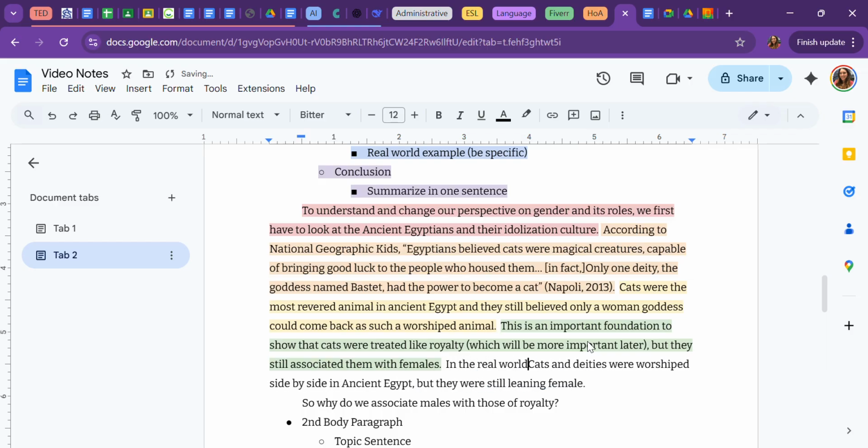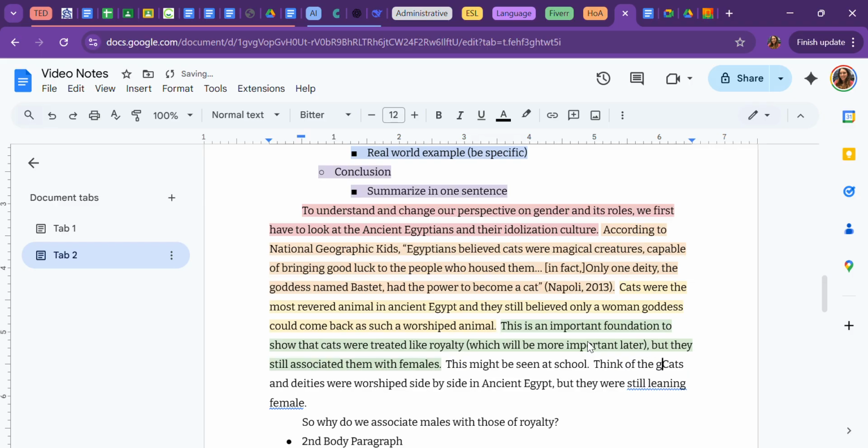In the real world, how do I want to write this? Looking at a real world scenario. What's a real world? So work, home, school. This might be seen at school.